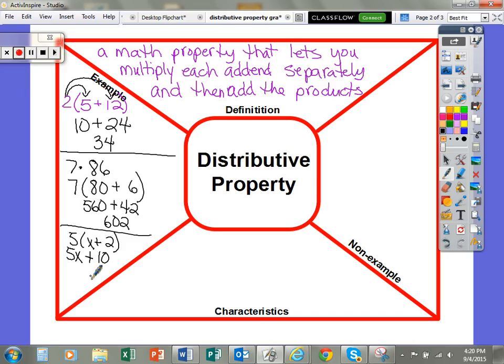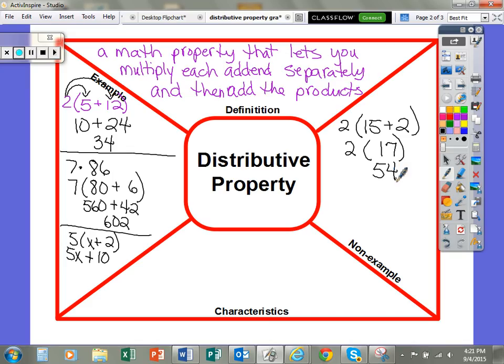So what is not an example of distributive property? As I mentioned before, distributive property multiplies what's outside the parentheses times each add-in inside the parentheses. So if I were to add first, this would not be an example of distributive property.